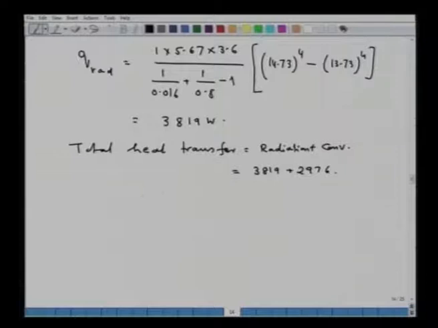So, the total heat transfer will be equal to 6155 watt per meter length of fluid. So, that is the whole idea, to give you a feel that in presence of moisture, a triatomic gas, the heat transfer will occur both by conduction and by convection and radiation, and this is very important when you consider the heat transfer in furnaces which contain CO2 and H2O.